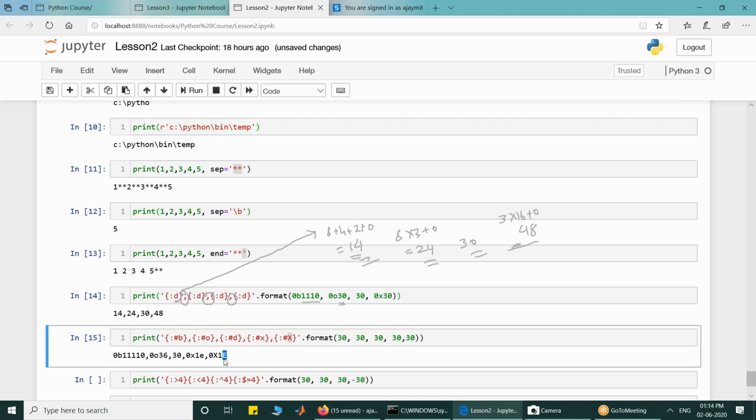And remember, the purpose of using capital X is to get this character in caps. Look at the output: one e and one capital E. If you use capital X, you will get capital in output. If you use lowercase x, you will get lowercase in output.